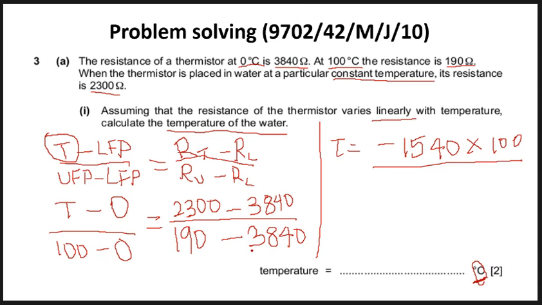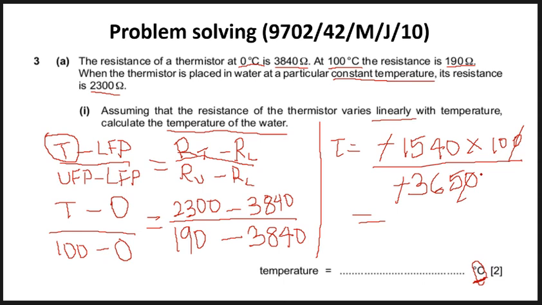190 minus 3840, which gives minus 3650. You can confirm that with your calculator. So the negative here is going to cancel this negative out, or you can just use your calculator to finish the whole work.